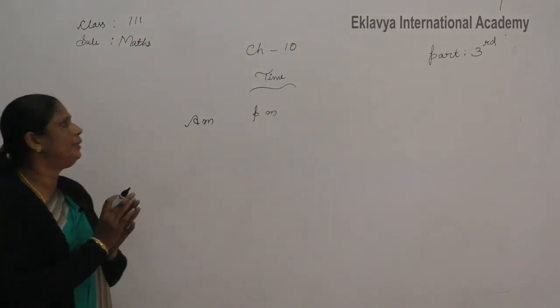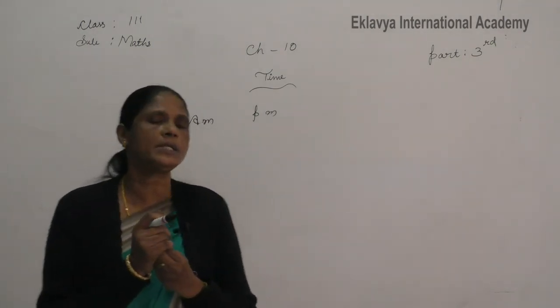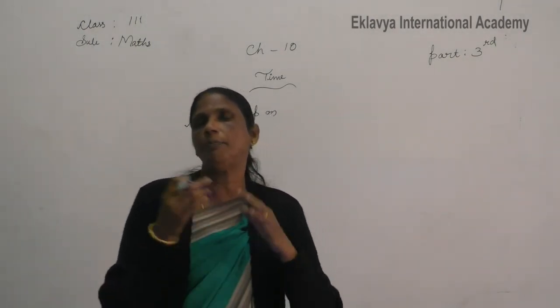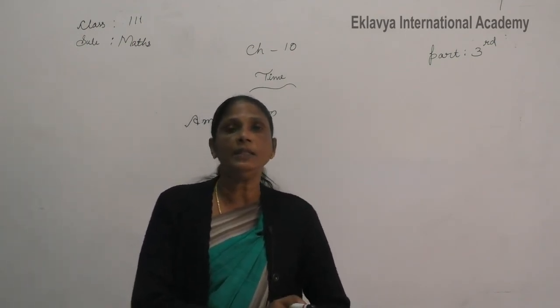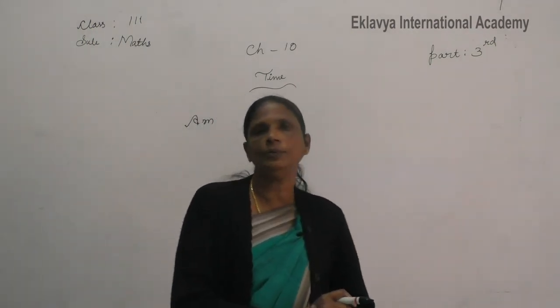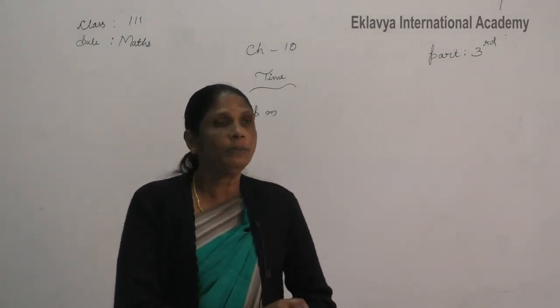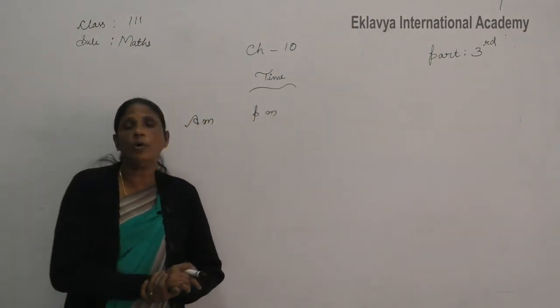Now in the morning, 6:30, do you say PM or AM? AM. In the evening, 5:30, AM or PM? PM. Understand you?